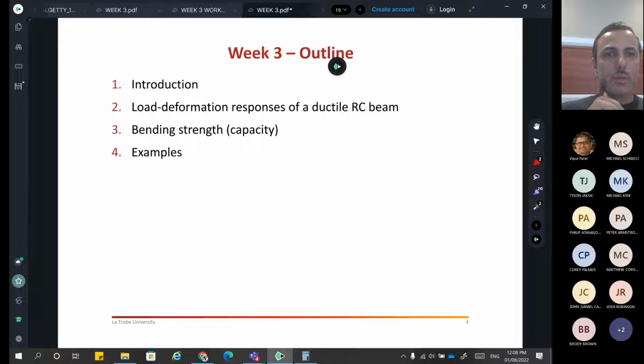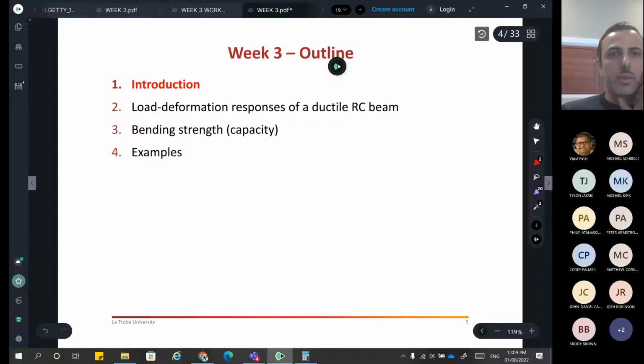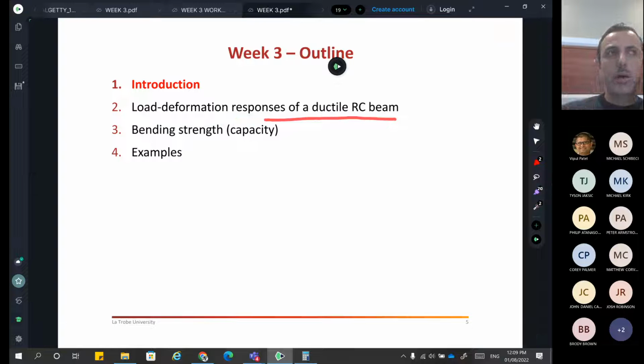So 3 sections I will take you through, and then a very decent example which should recap and apply all the theories. Introduction, load. We've got the introduction now to go through. Then we're going to talk about load deflection responses, just so you understand how the formulas are reflected in the real world, and what it means for the designers to cope with those correct formulas and how it's going to be reflected in the design.